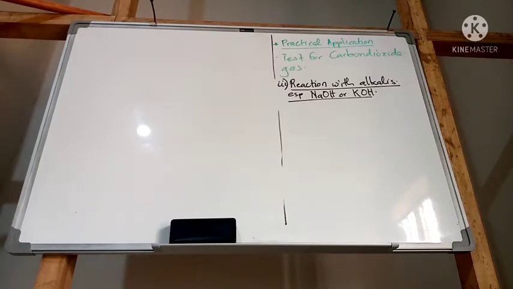So when you bubble carbon dioxide through sodium hydroxide or potassium hydroxide for a short time, nothing is going to be observed. But with excess, you're going to see something.